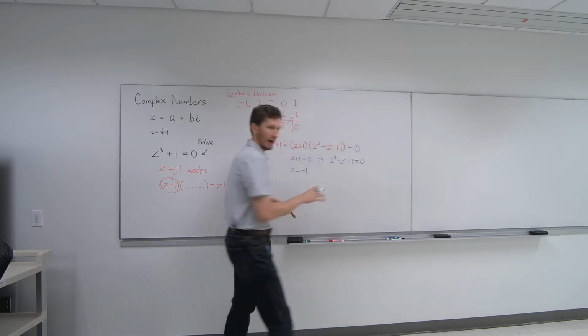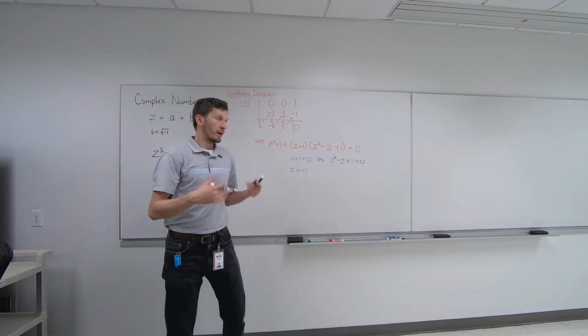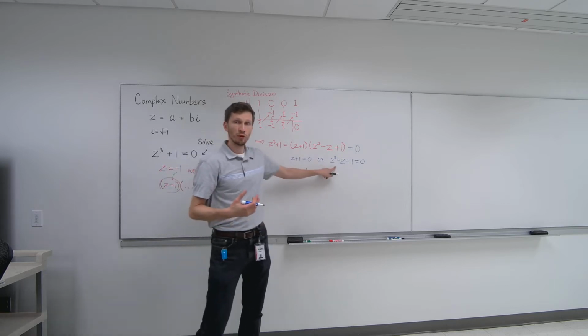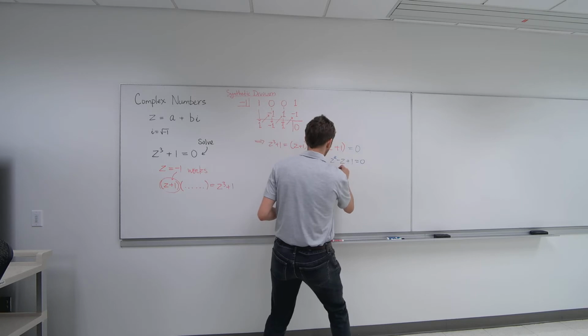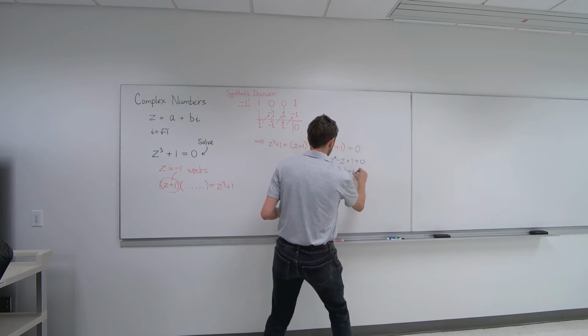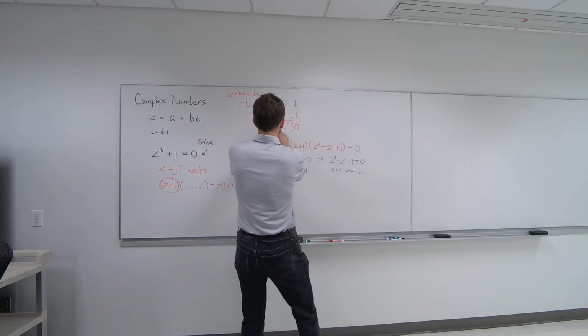And we can do what? I can't really easily factor that right now, but I can use the quadratic formula. So what is my a? That's coefficient 1. My b is a negative 1, and my c is a 1, just like we had here, 1, negative 1, 1, right?